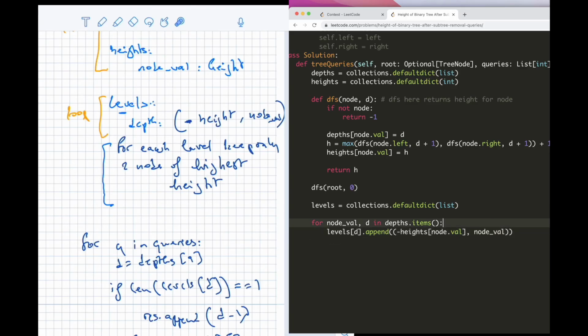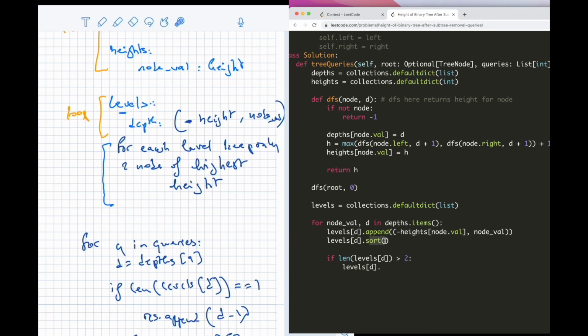Okay, so once we add it, we want to sort because we want to only keep the 2 largest heights. That's why you see we did the minus here, so that we can do levels d and sort each time. And then here we want to keep only the 2 largest heights. So we want to remove those that are bigger. So if ever levels for this depth is bigger than 2, we want to pop the last one.